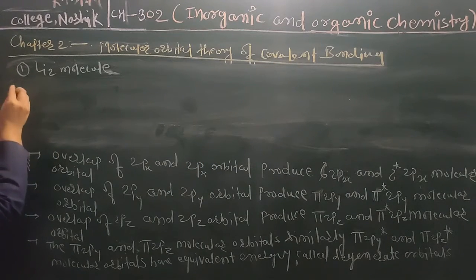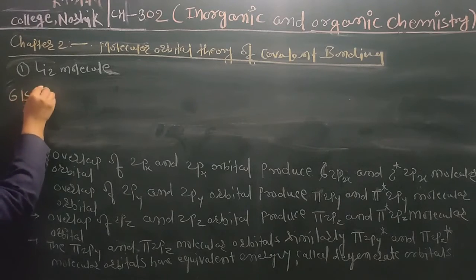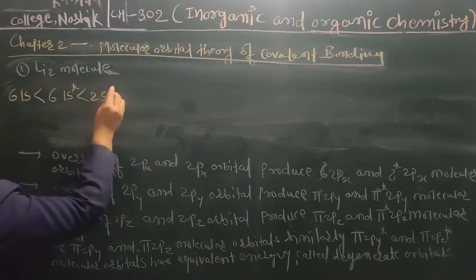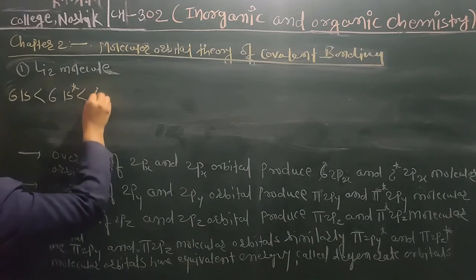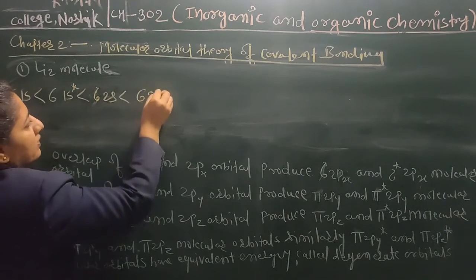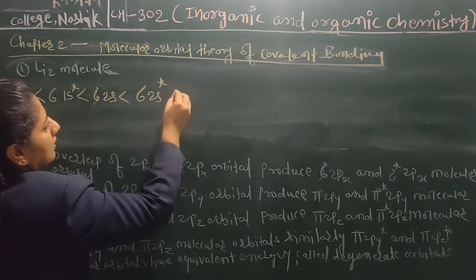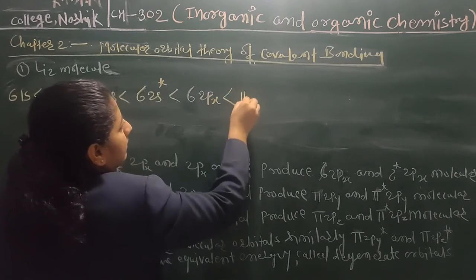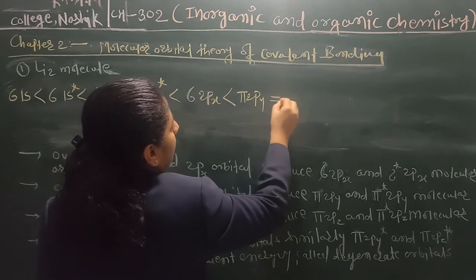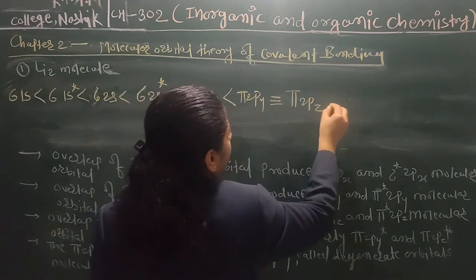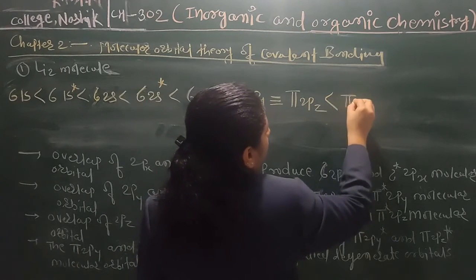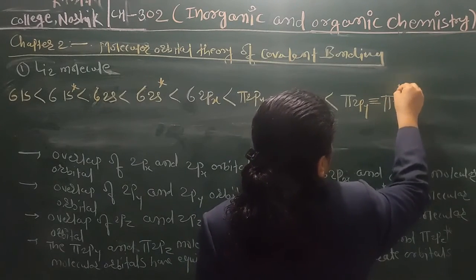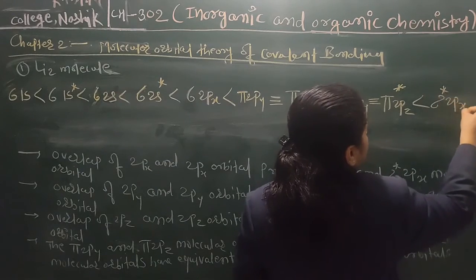So the energy sequence is like sigma 1s, sigma 1s star, that is an antibonding molecular orbital, then sigma 2s, sigma 2s star, then pi 2py, pi 2pz, pi star 2py, pi star 2pz, and sigma star 2px, which has a large energy.